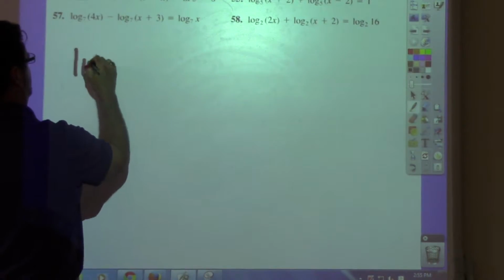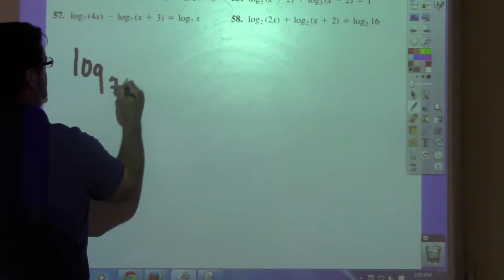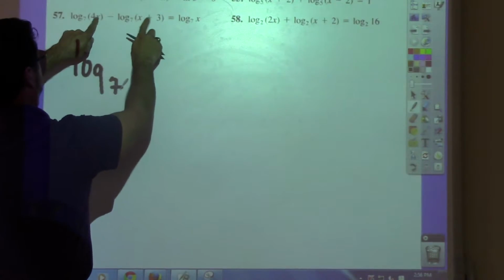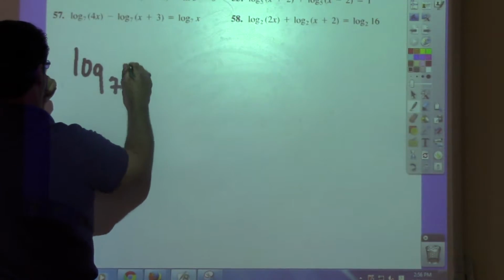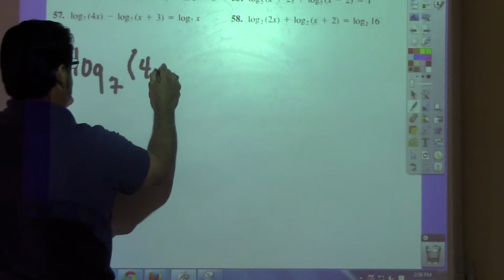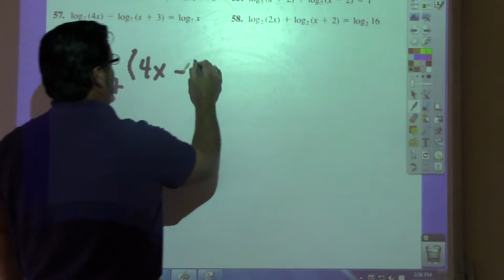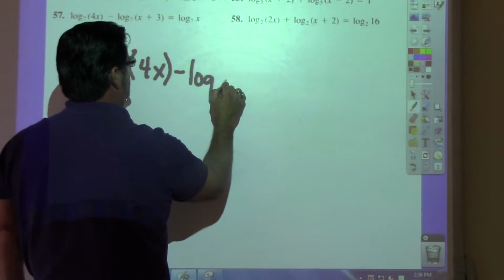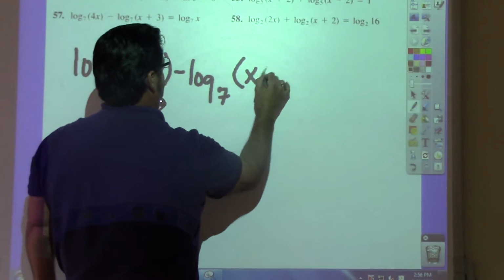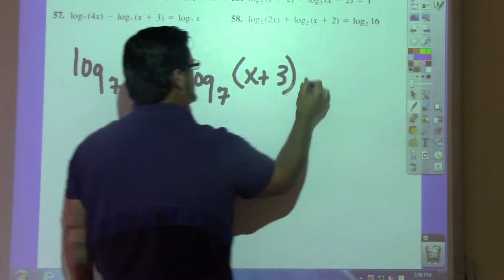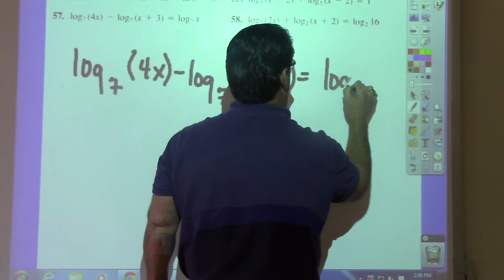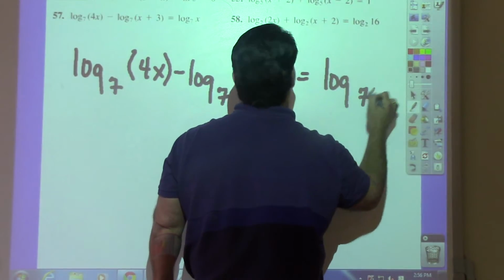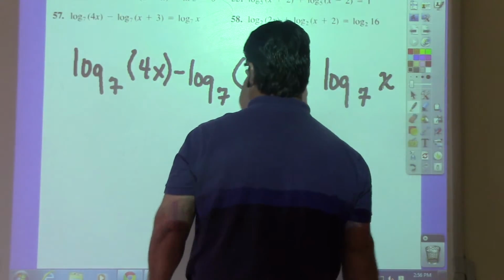So log base 7 of these two guys, I'm just going to write everything out right now. Log base 7 of 4x minus log base 7 of x plus 3 is equal to log base 7 of x.